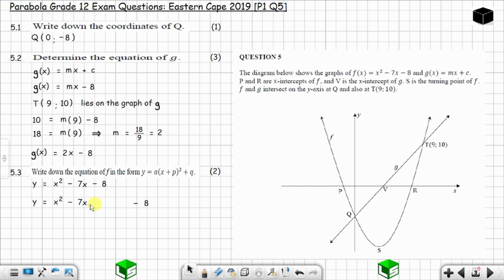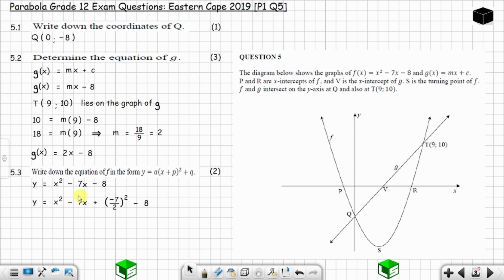I'm going to use the coefficient of x, which is negative 7. So I'm going to add plus, using the coefficient of x, negative 7, you divide it by 2 and then you square.